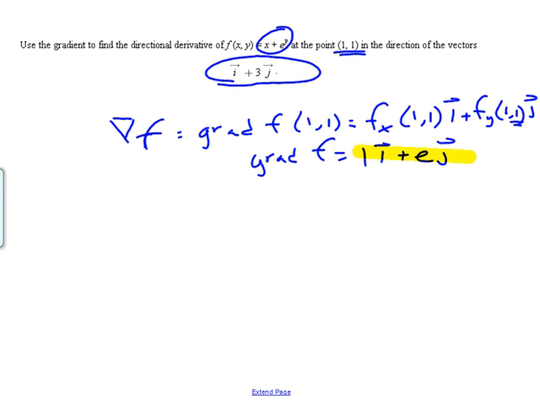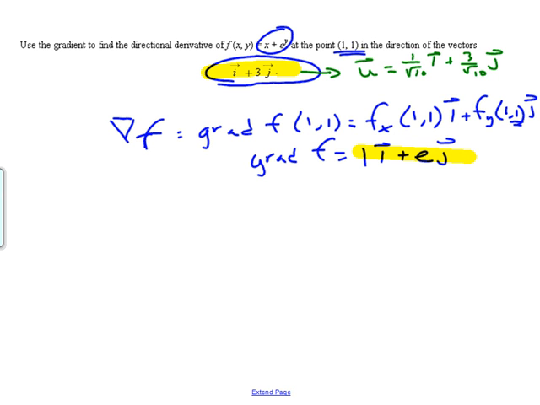And we dot grad f with the unit vector of this direction, so we need to change that into a unit vector. It has a magnitude of root 10, so it's going to be 1 over root 10 i plus 3 over root 10 j.